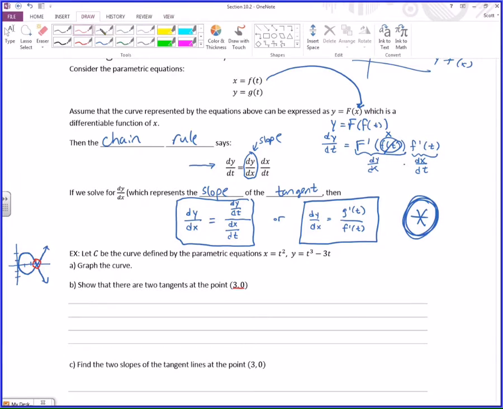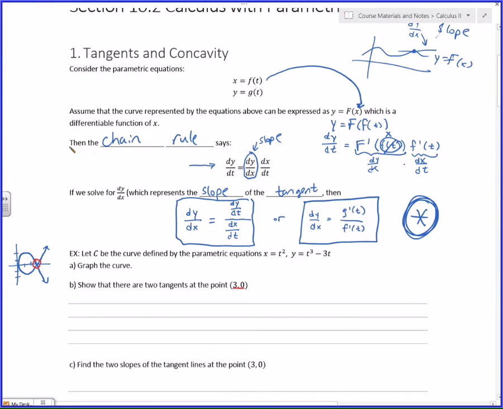First of all, let's algebraically or analytically show that there are two tangents at that point. Now, when I say there are two tangents at that point, what I mean is let's show that the parametric curve is at that point for two different values of t. Okay? Now, what I mean there is the x function has to equal 3, and the y function has to equal 0.